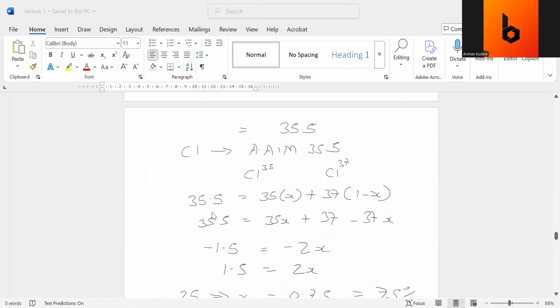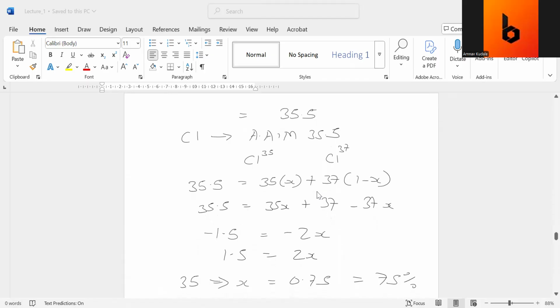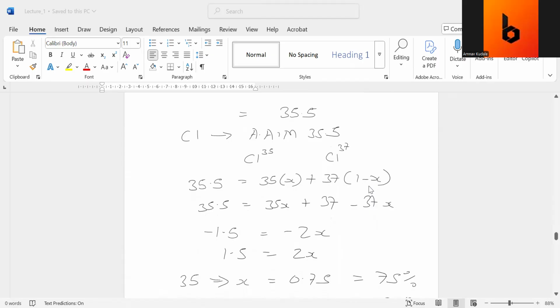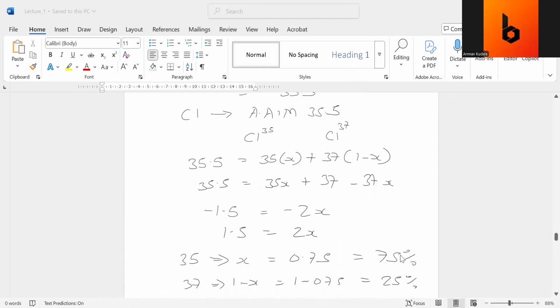The other way is you can call it x and 1 minus x. So let us say if you know the average atomic mass, you can determine the percentage. How do we do that? We take the percentage as x and 1 minus x will be the other one. If we solve the equation, you will get 75 and 25. Can you write down this?